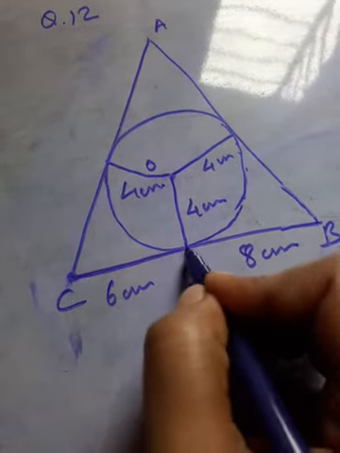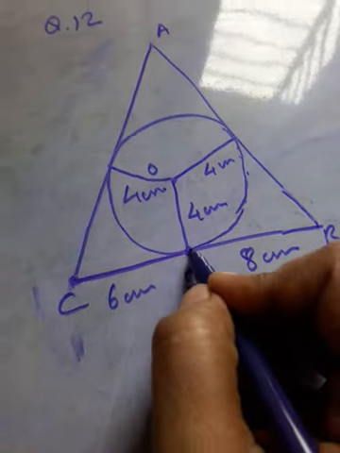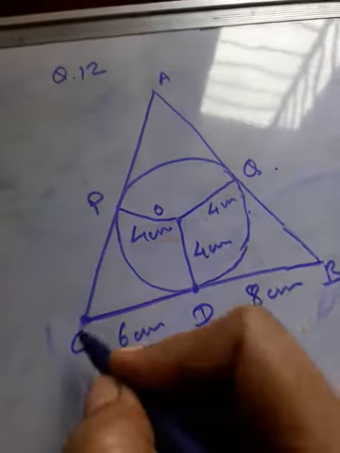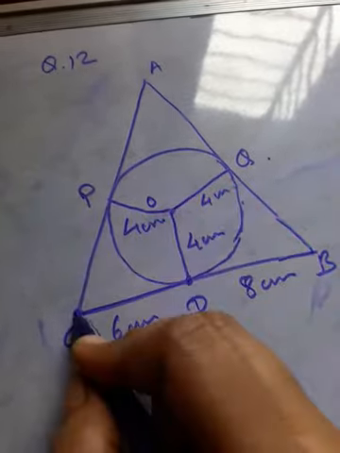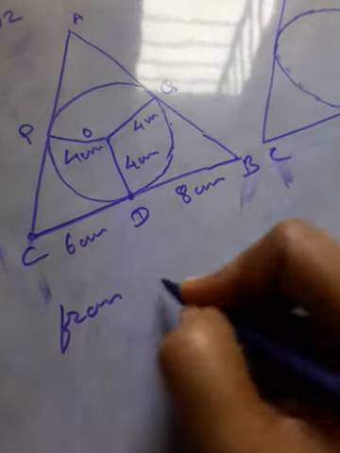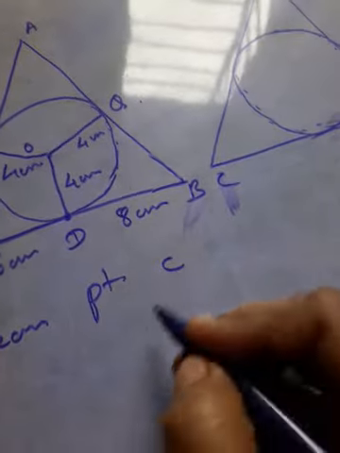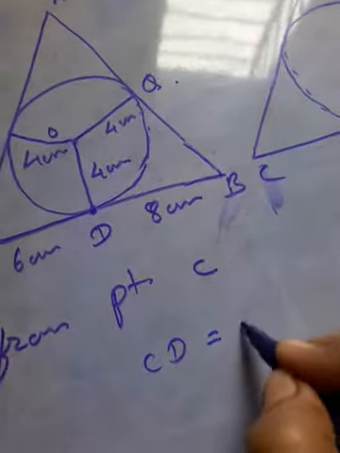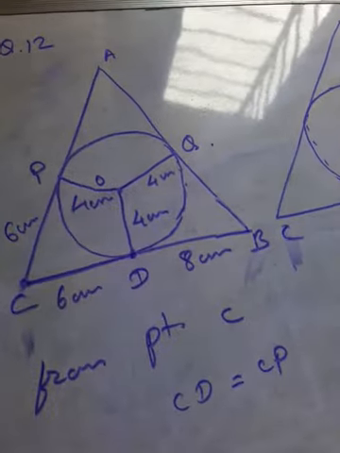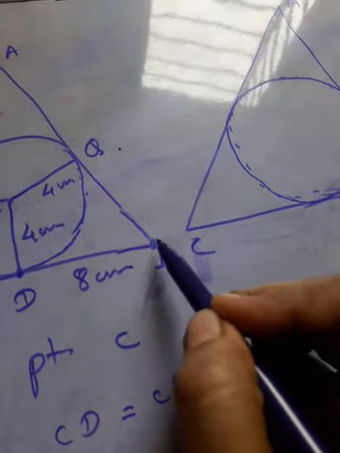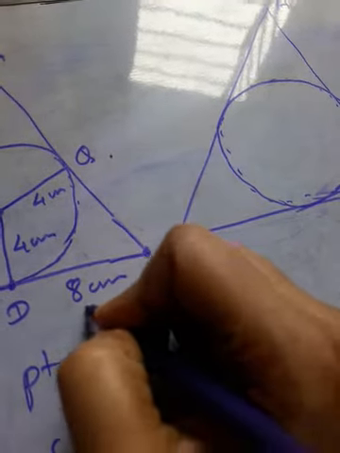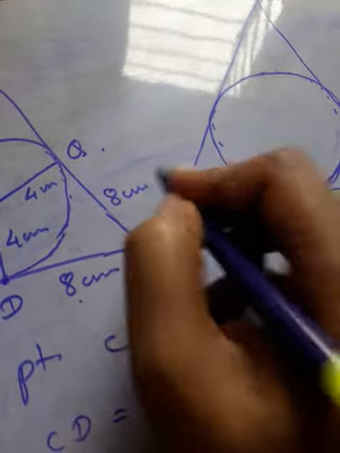CD is a tangent on this circle at the point of contact D, and suppose these are the points P and Q. CP is also a tangent from the external point, so from point C we get two tangents, and CD is equal to CP. CD is 6 cm, so CP is also 6 cm. Same here from the external point B, the two tangents to the circle are BD and BQ. BD is 8 cm, therefore BQ is also 8 cm.